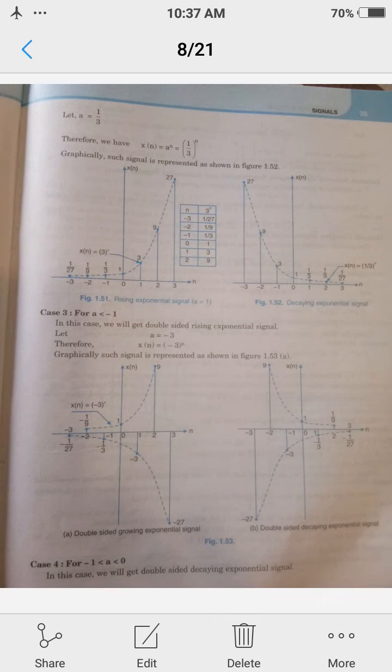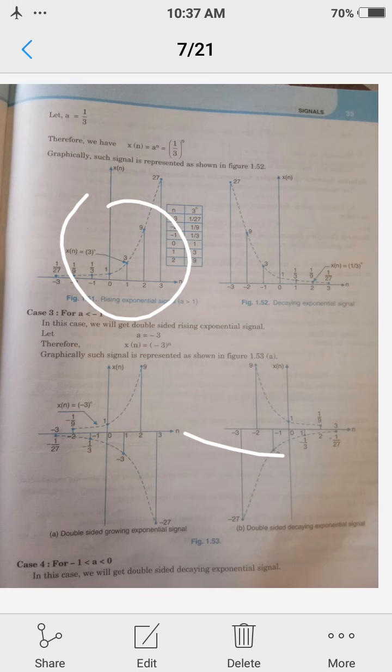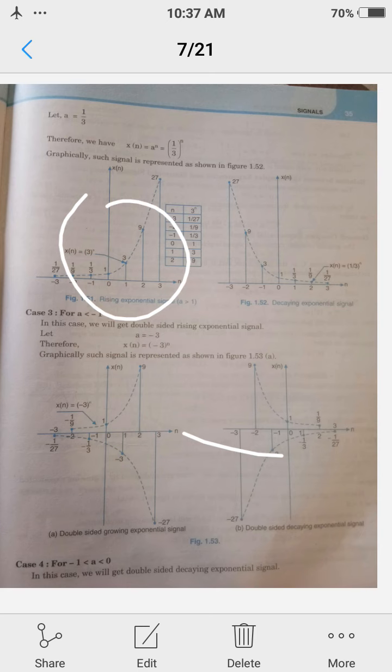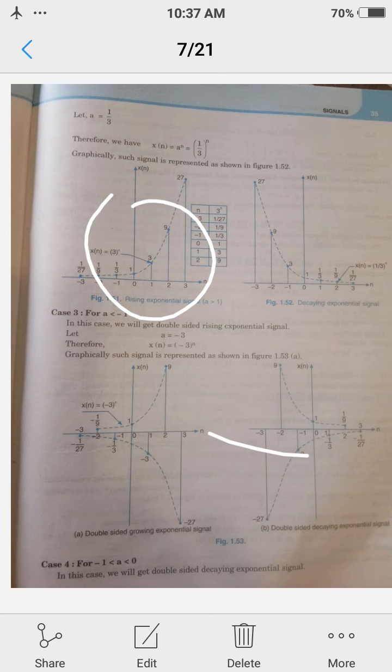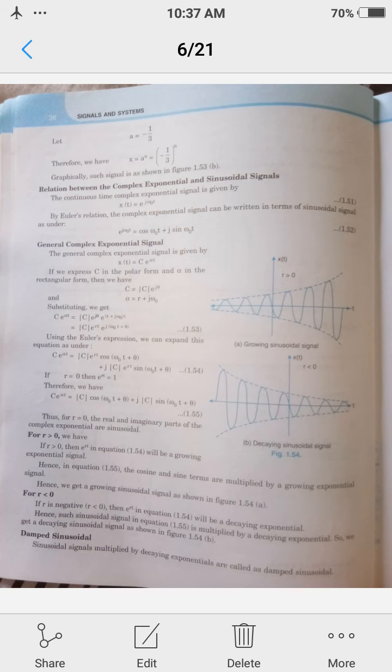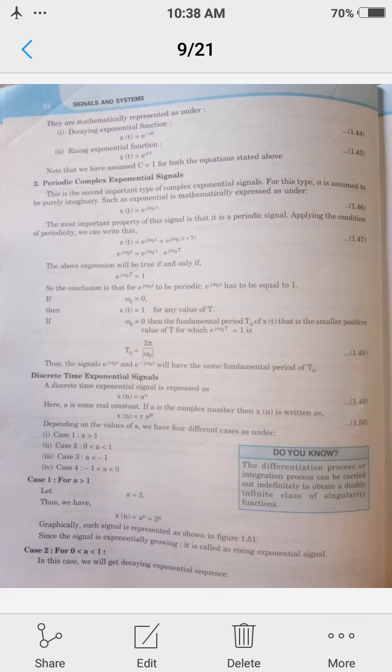So when a is less than 1, there are the cases where a is less than -1, where a lies between -1 and 0, and the next case, where a lies between 0 and 1.